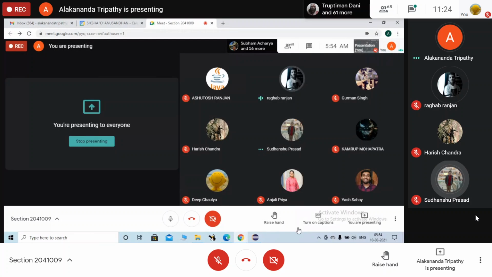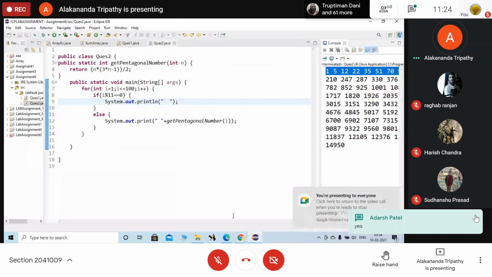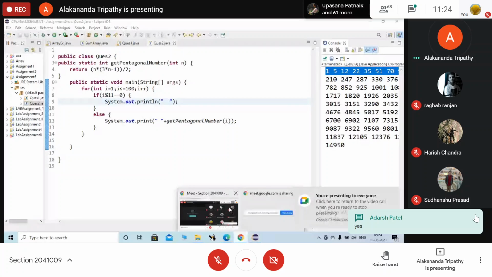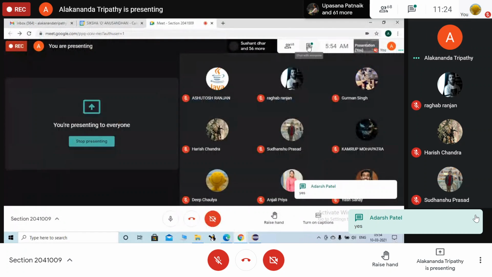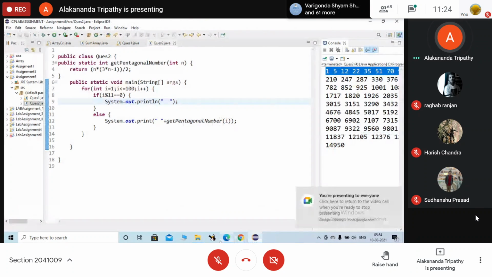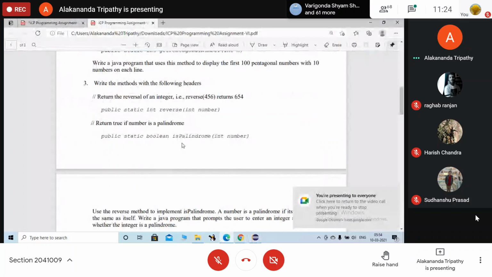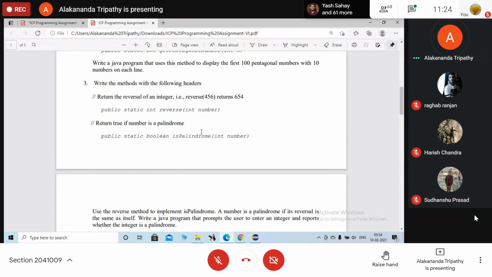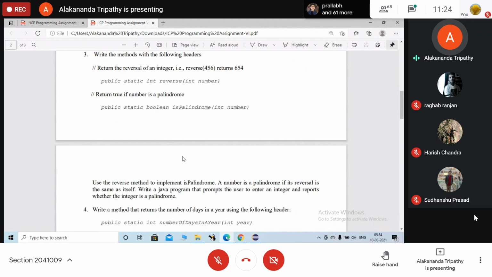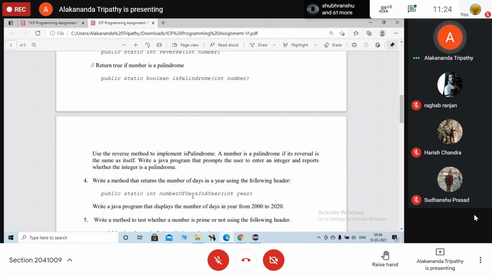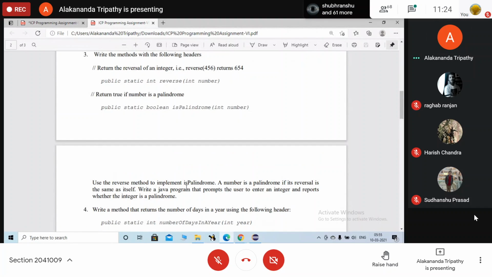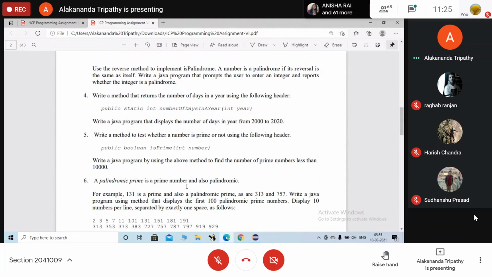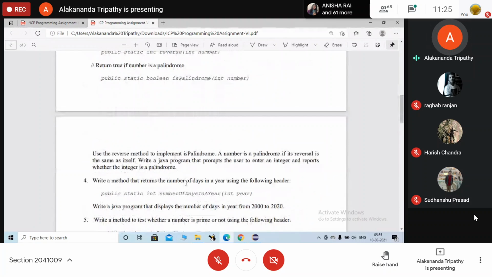Yes, ma'am. Now, complete it quickly. So, do question number 3. Do question number 3 and share the screen. We have already discussed how to find the reverse of a number. बस तुम्हें इस पैलिंड्रोमिक मेथड लिखना है. Do question number 3 and 4. Do question 3 and 4.